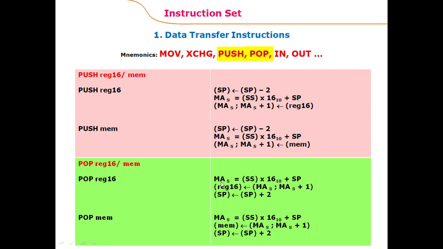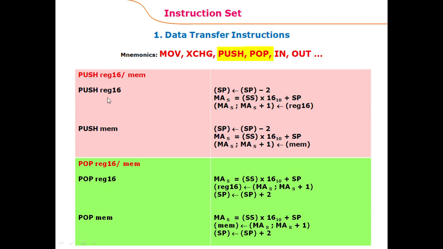From that memory address and the higher memory address, 2 bytes are moved to the 16-bit register used here as the destination of data. After executing this instruction, the stack pointer is incremented by 2, so the stack pointer now points to higher addresses.